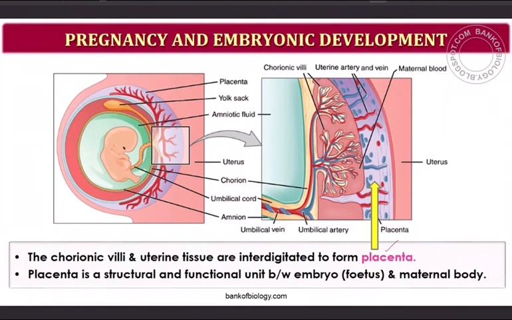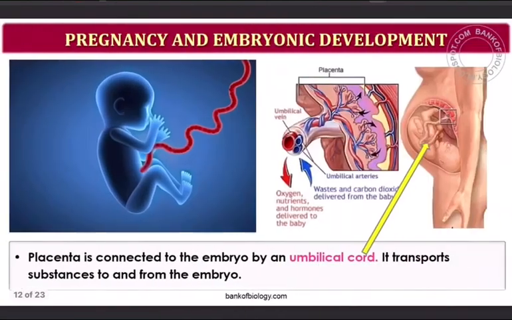Now the chorionic villi and uterine tissue are interdigitated to form the placenta. So the mixture of these two makes the formation of the placenta. The placenta is a structural and functional unit of the embryo, that is the fetus, and the maternal body. It gives a connection between the mother and the embryo, as you are seeing here, and ensures whatever the growing embryo requires.